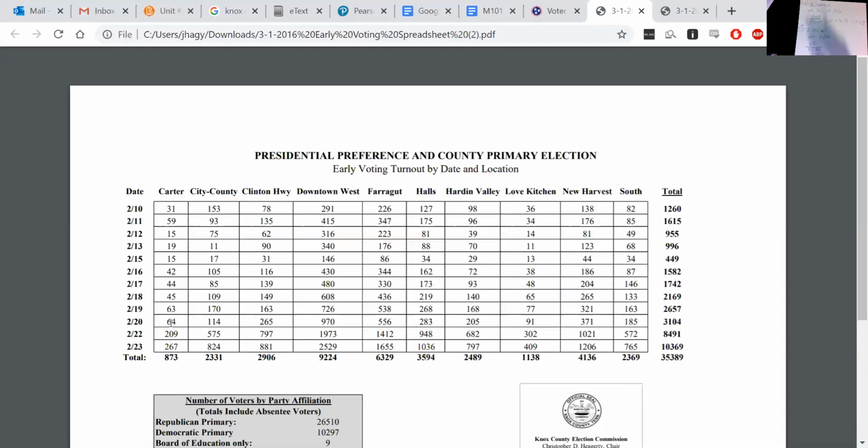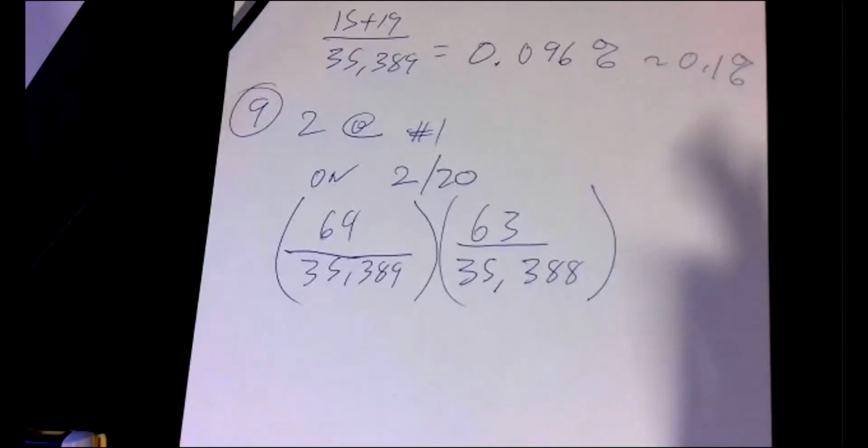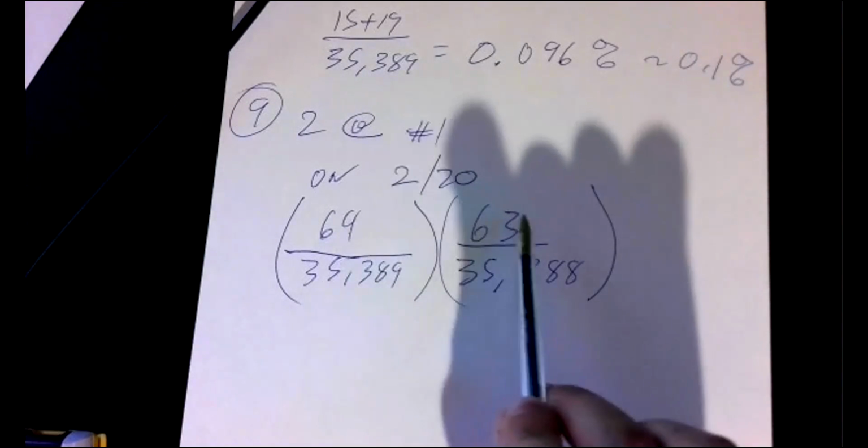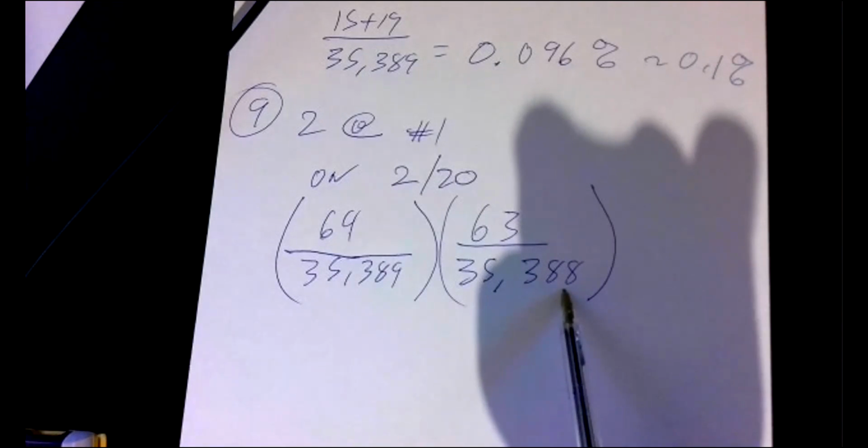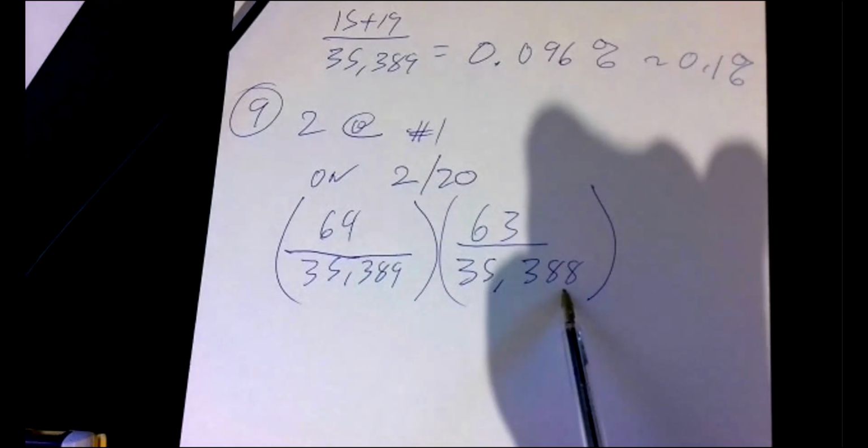But if we're talking about a second person, well, that second person can't be the same as the first person. So what we're going to say is that first person who voted at Carter on 2/20, we're going to push them off to the side, which means there's no longer 64 people there. There are now 63. We've also decreased the total to 35,388. Now, notice that we decrease by 1 in the numerator and in the denominator because we can't count the same person twice.